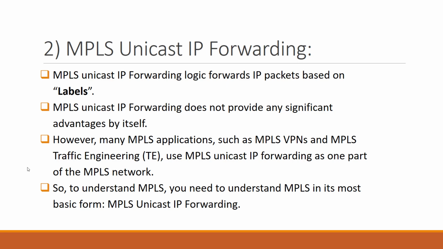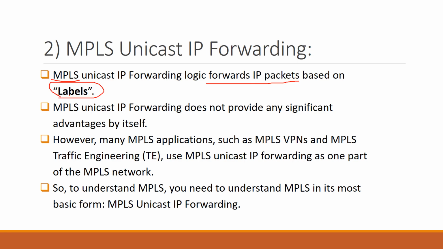So MPLS Unicast IP forwarding logic forwards IP packets. Let me use the highlighter, the pen. It forwards IP packets based on labels. What this means? It means that MPLS uses a different routing technique other than the traditional routing of IP packets.